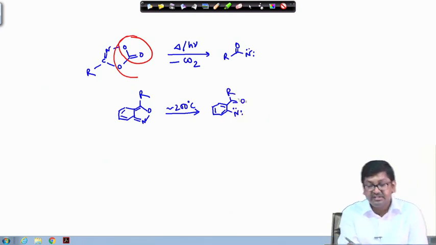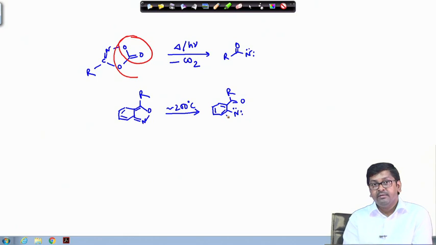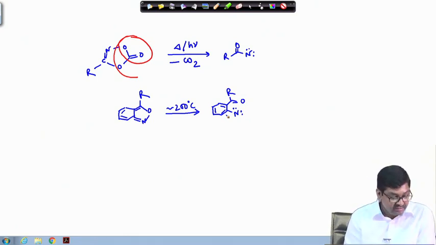Okay. So, nitrene is generated. Now, this nitrene can be used for various types of reactions. Importantly, here it is the phenyl nitrene or aryl nitrene that has been generated.